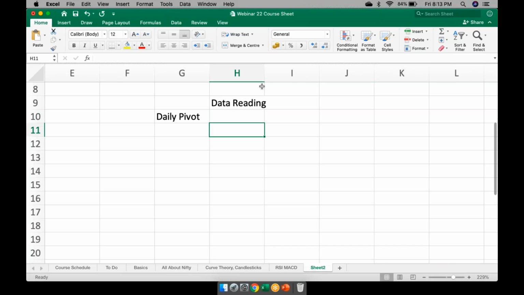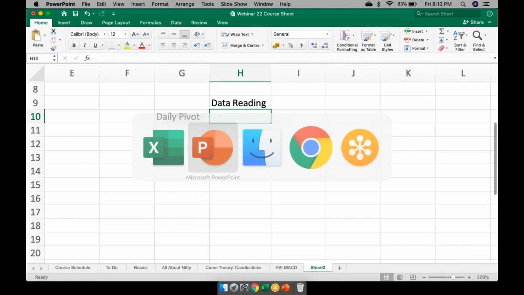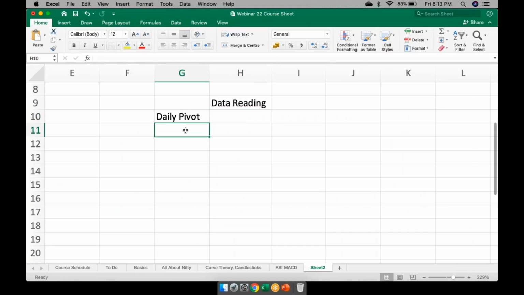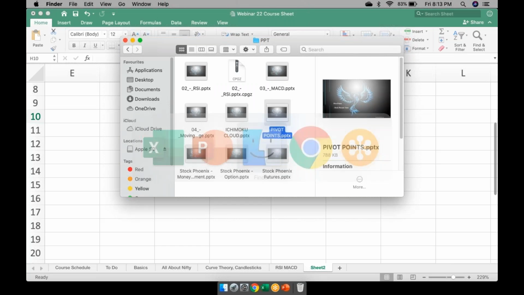So now we have learned here the pivot point itself is an average of the high, low, and close price of the previous day's trading. So if you see a daily pivot, say for example in a daily chart, so let's add a daily chart.